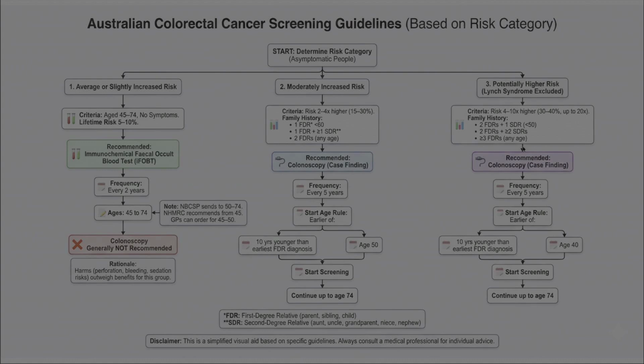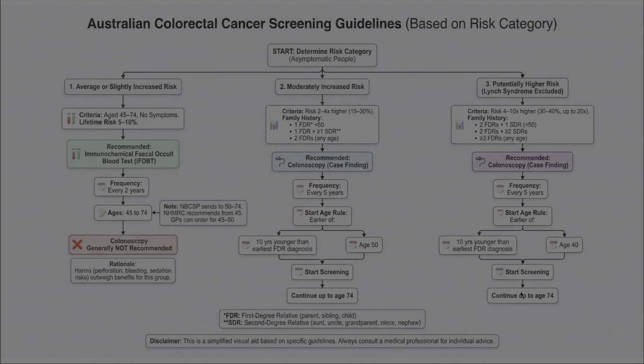For them, we do colonoscopy every 5 years, starting at the age of 40 rather than 50, or 10 years younger than the earliest FDR diagnosis, whichever comes first. And we will continue it up to the age of 74.